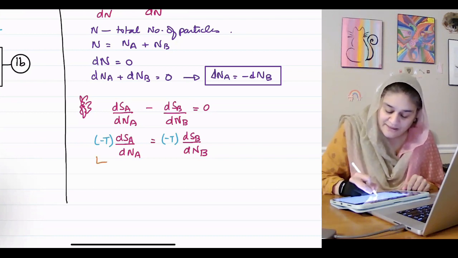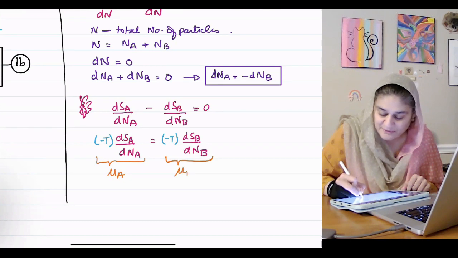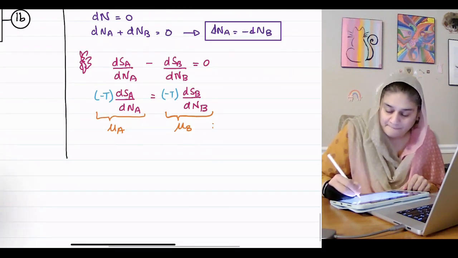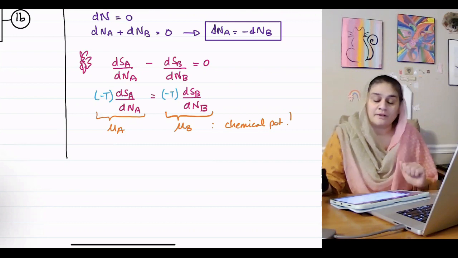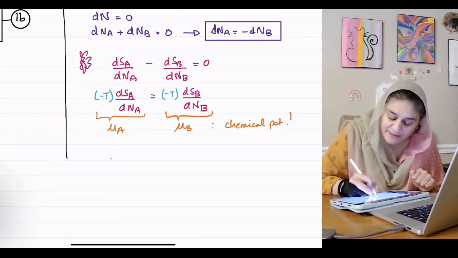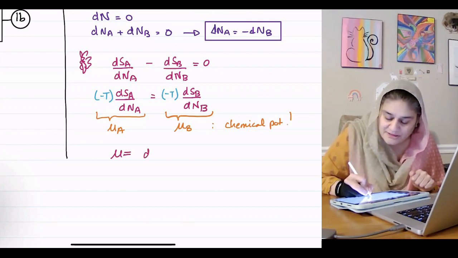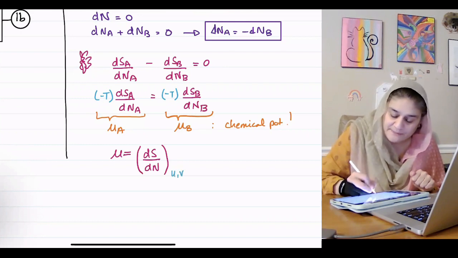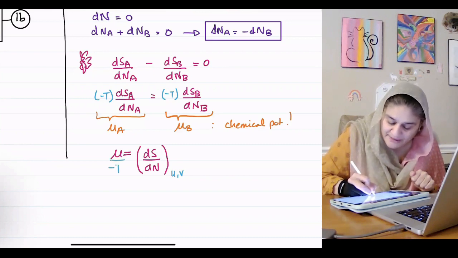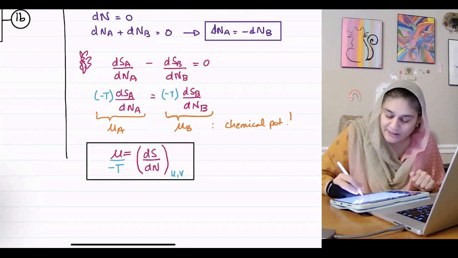This is now defined as chemical potential for system A, and this is defined as the chemical potential for system B. Or in other words, I can rewrite chemical potential as dS over dN at constant U and V, divided by minus T. Let me put this equation in a box and call it 1C.